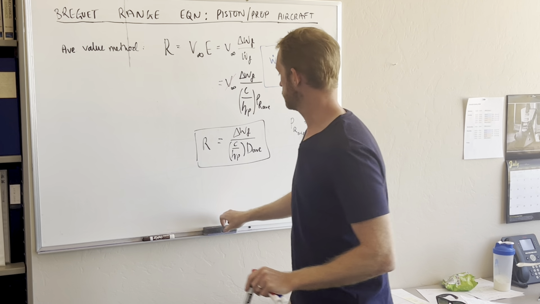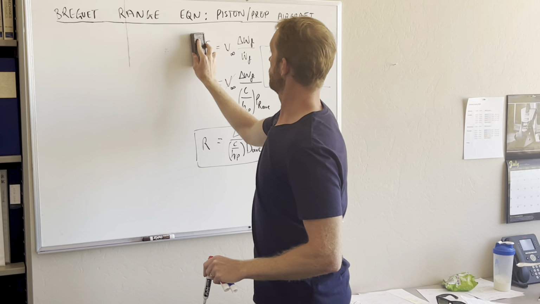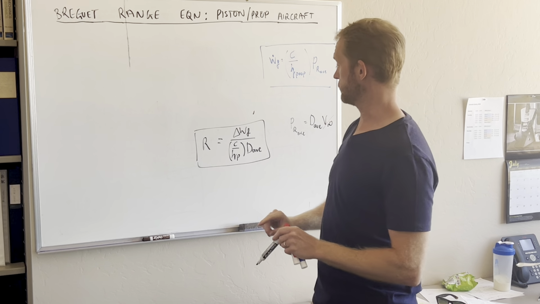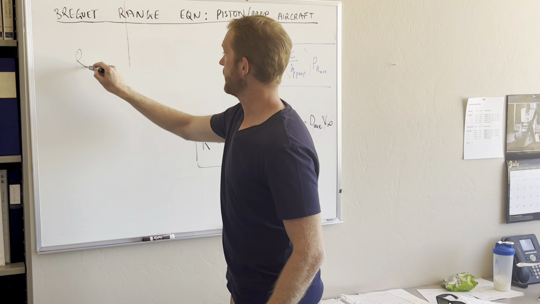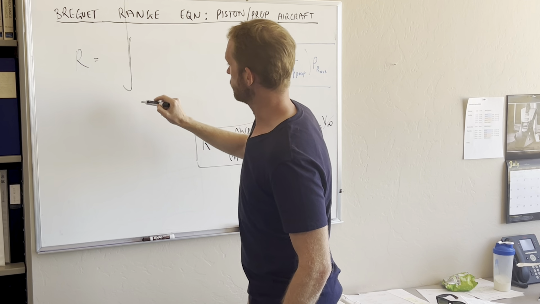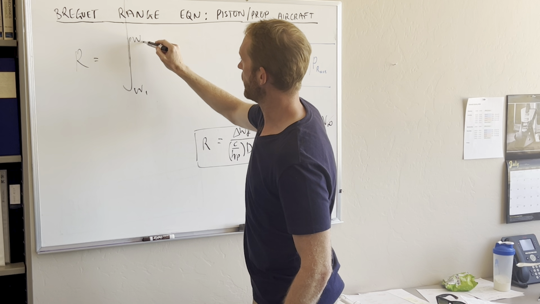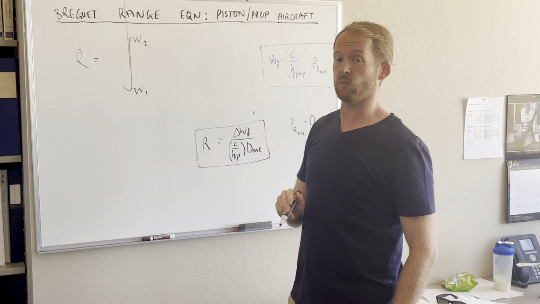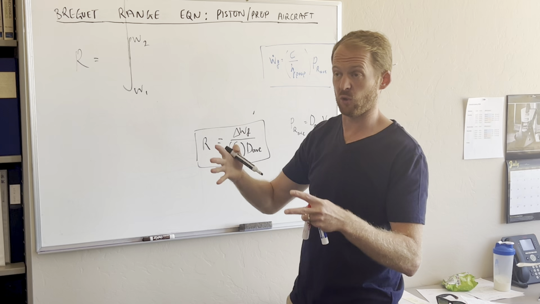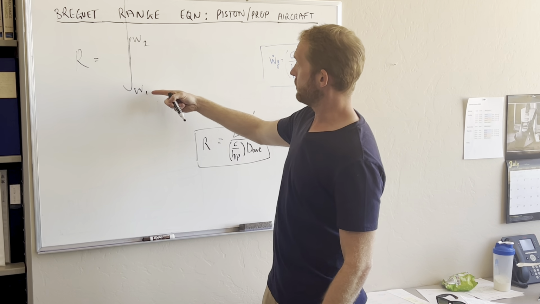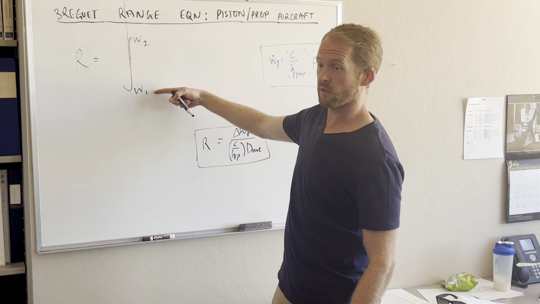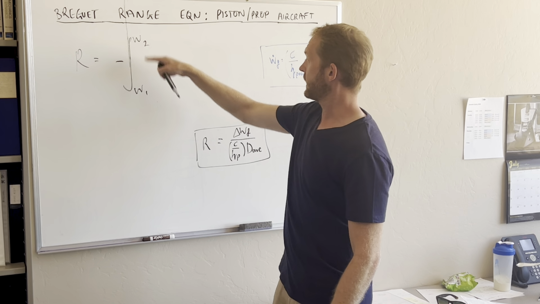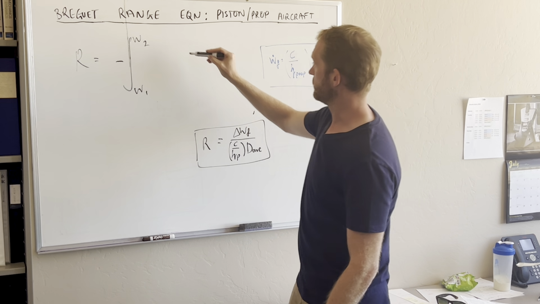So let me transfer that back up to here for our derivation. As before with the endurance equation, we're going to say that range is equal to an integral between two specific weight stations. W1 is our starting weight of the airplane, W2 is our ending weight of the airplane. So that describes the amount of fuel that we have to burn. Because W2 is always less than W1, because we're burning fuel, we need a negative sign out the front. And then that integral basically replaces the numerator in this equation.